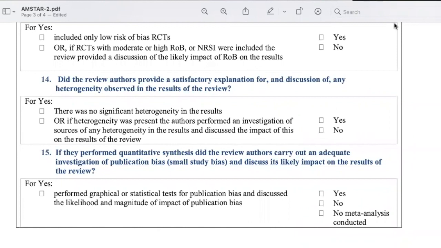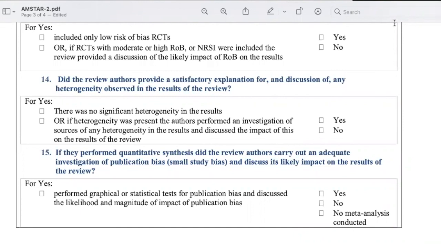The following question is related to publication bias. For yes, the authors performed graphical or statistical tests for publication bias and discussed the likelihood and magnitude of the impact of publication bias. Remember that you have talked about publication bias in the systematic reviews lecture.